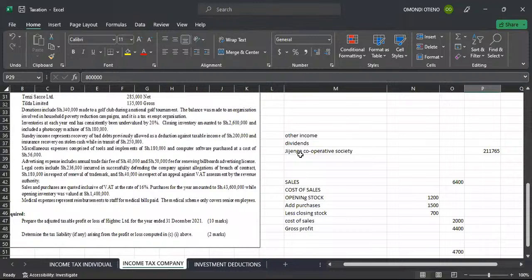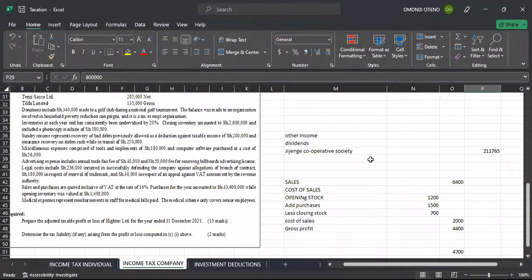Is there a particular reason we were told about Uganda? What if it was dividends from a country that is not having a double tax treaty with Kenya? It will be subjected to tax. So if we have a difference, so long as it is outside Kenya, we are told that the withholding tax is final, so we are not supposed to subject it to another tax.